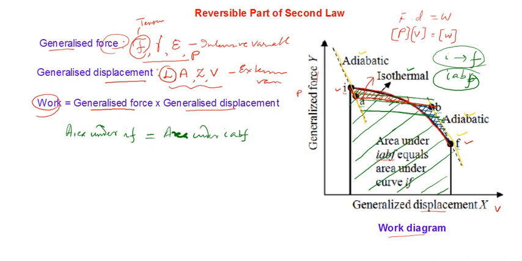Now you can see that if you are drawing AB here, it won't be satisfied. Why? You will be losing a large amount of area, and you will be gaining only a very small amount of area, so that is not satisfied. The reverse you can also think of.